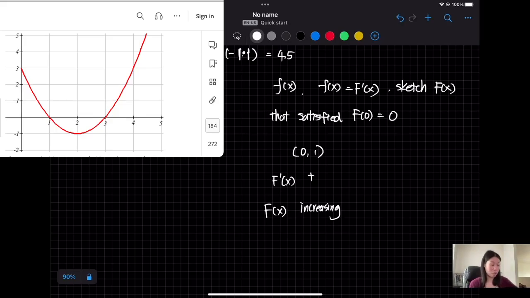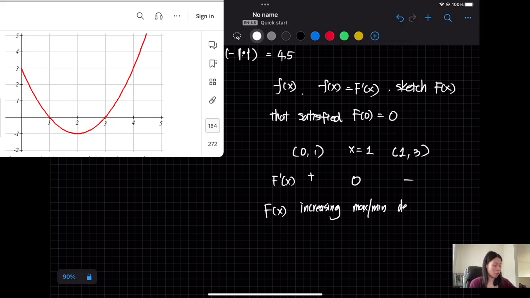Okay, and at x equals 1, the derivative function is equal to 0. So that means at the original function, this point is either a maximum or minimum. It's going to be an extremum. We don't know which yet. And then on the interval 1 to 3, the derivative function is negative.